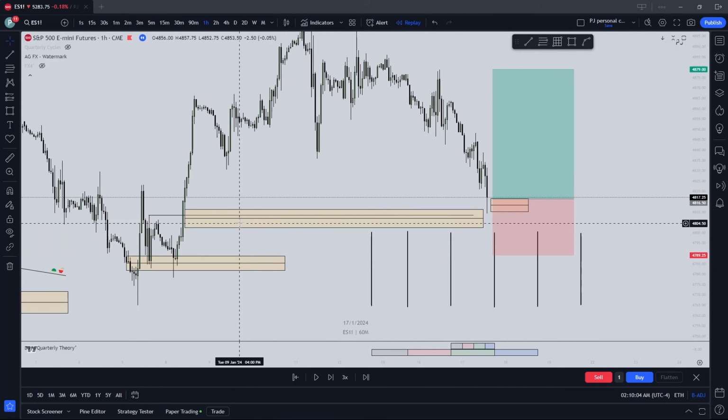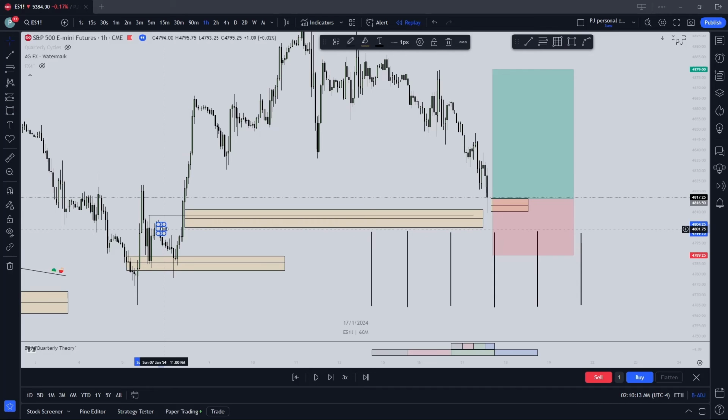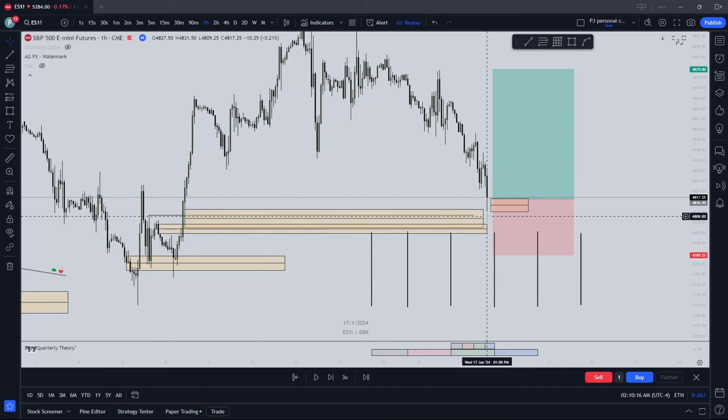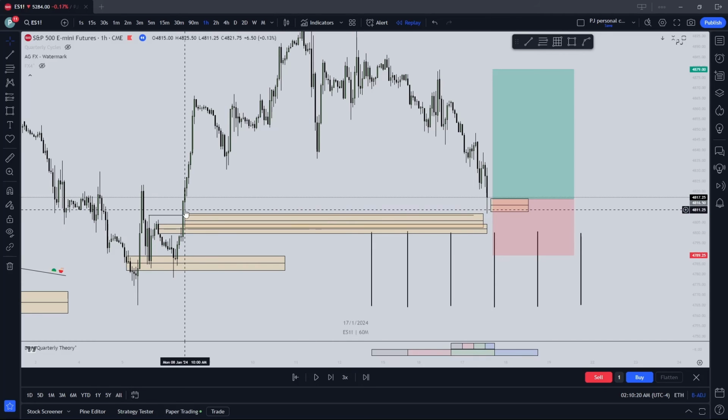And with our PD array, we see another order block. Bring this little guy over here. So we have the fair value gap we're delivering from, part of the fair value gap that hasn't been mitigated.